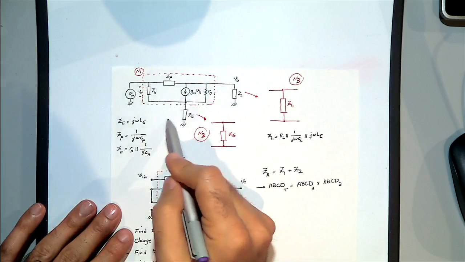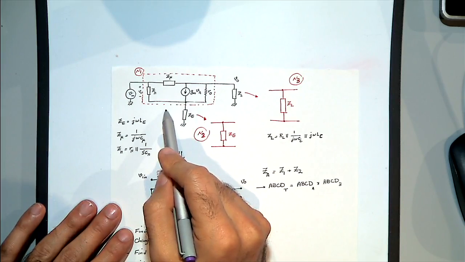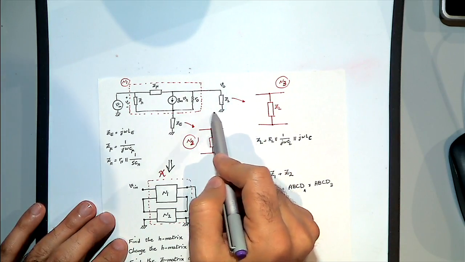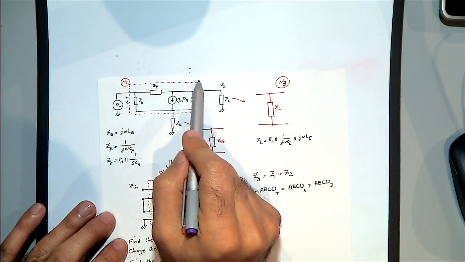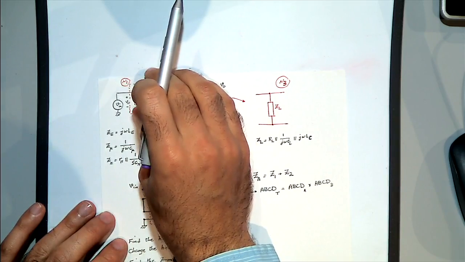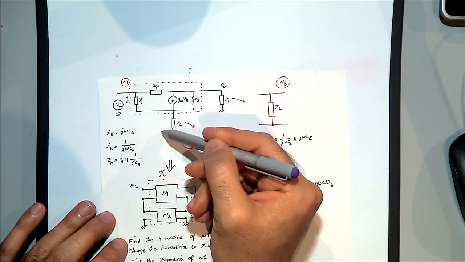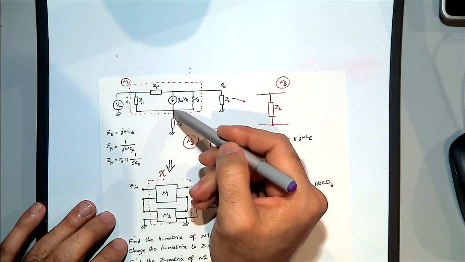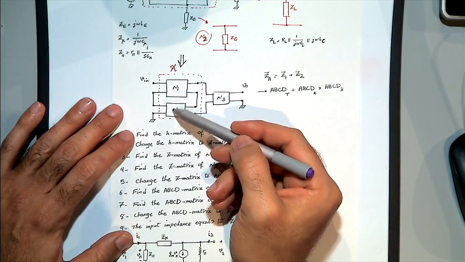And then we have another network which is just a simple impedance here. Okay? And another network which is again a simple impedance here. I found the H network for the first one, and then I see that network 2, which is this simple ZE, is just a cascade in the Z parameters.